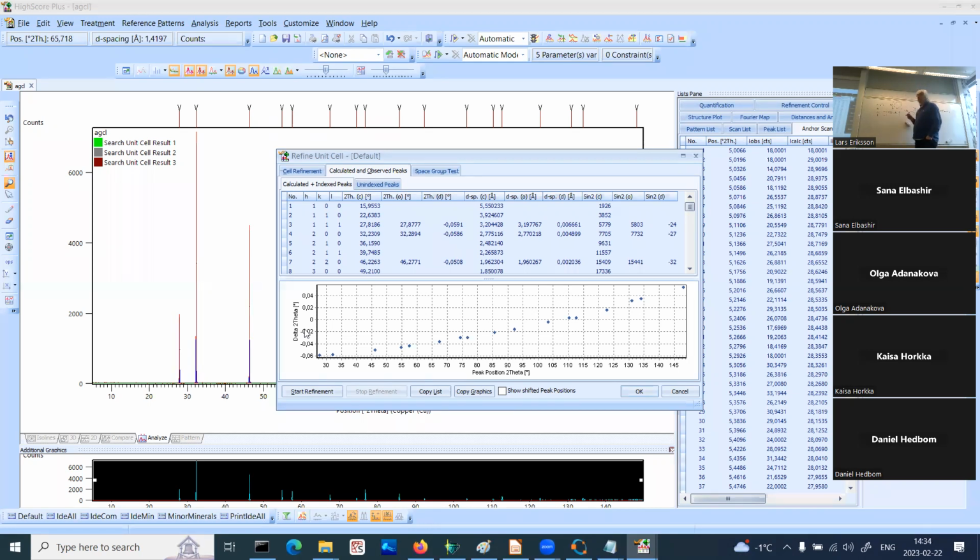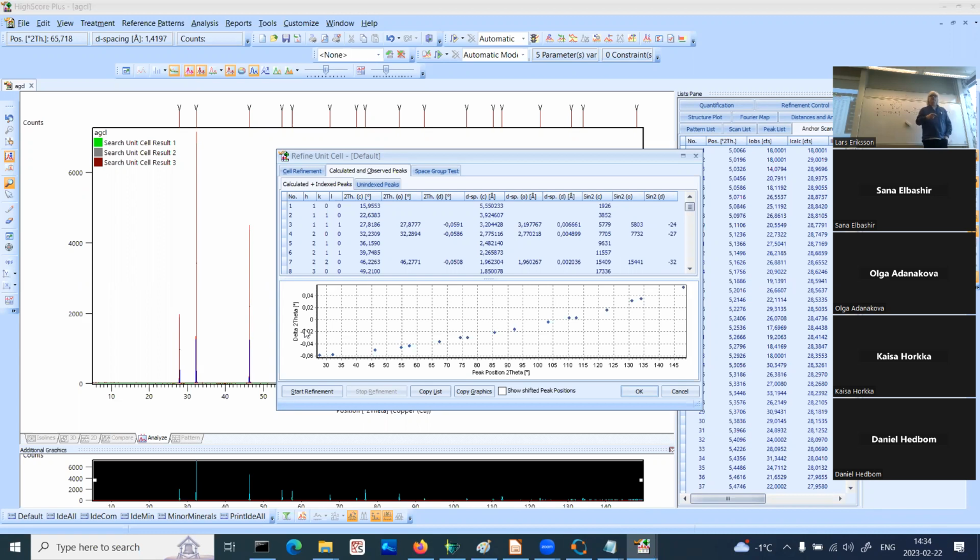Because I can't see what go. Yeah. Yeah. Not with two unindexed. That is not.